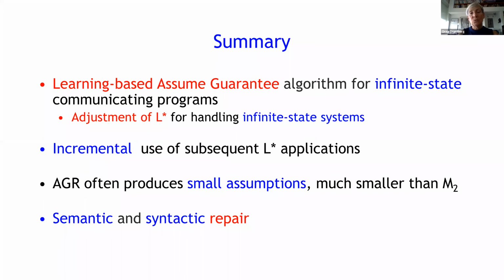It remembered where it ended up in the previous iteration and just continued from there. So this added efficiency. The AGR, assume guarantee repair, as we saw in the experiment, often produces small assumptions, much smaller than the original M2.